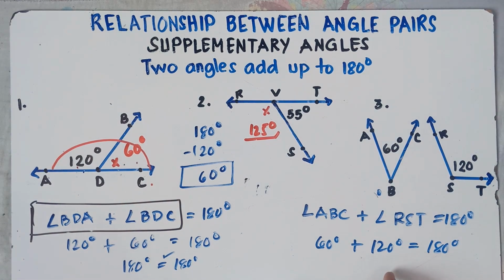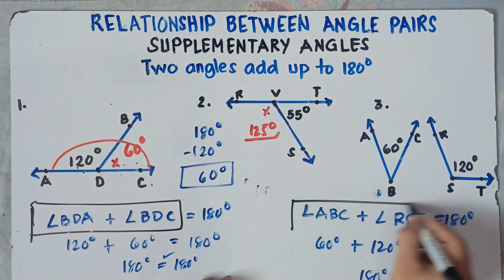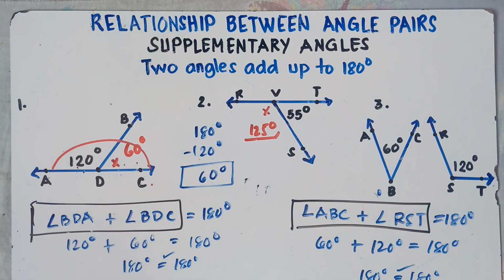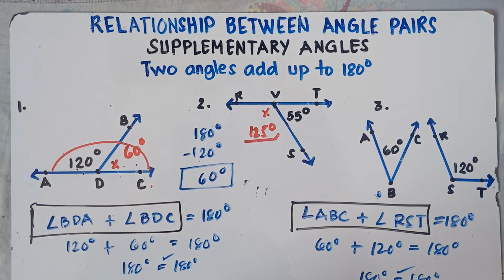So 60 plus 120, is it 180, class? Yup, 60 plus 120 is 180 degrees. So 180 degrees equals 180 degrees. Therefore, the two angles are supplementary angles because if we add them, we get 180 degrees. Therefore, angle ABC and angle RST are supplementary angles.